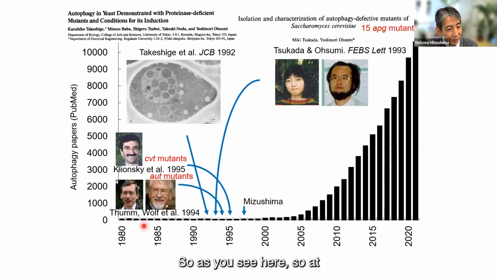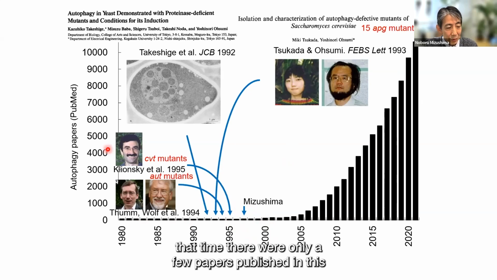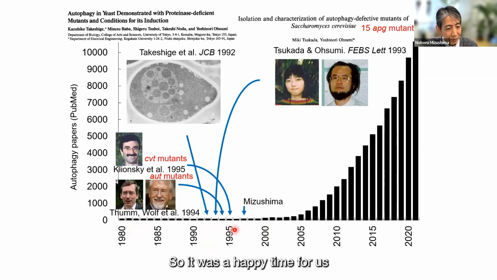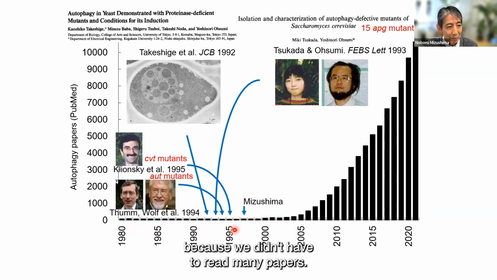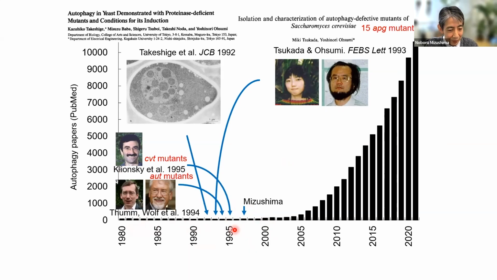As you see here, at that time there were only a few papers published in this autophagy field. It was a happy time for us because we didn't have to read many papers. What we had to do was just experiments.